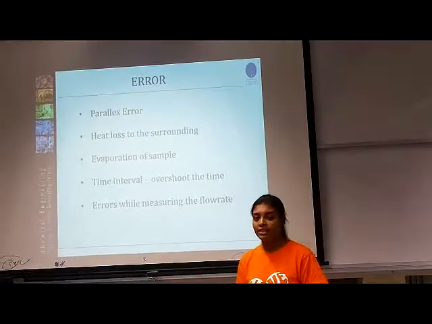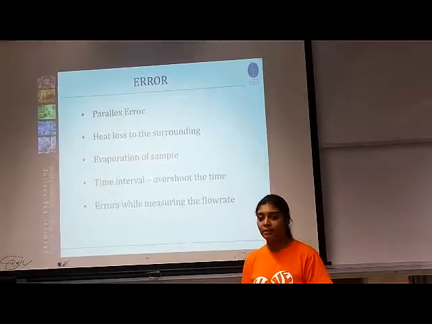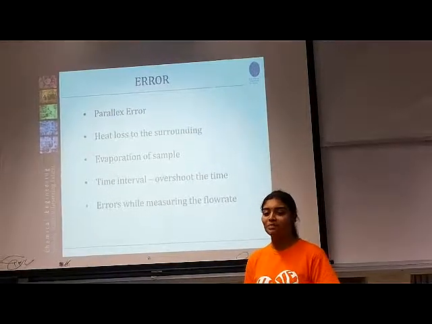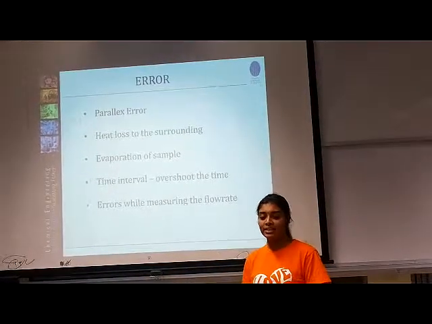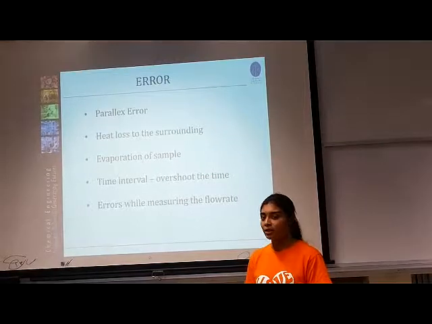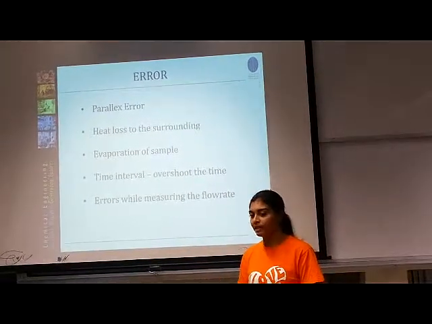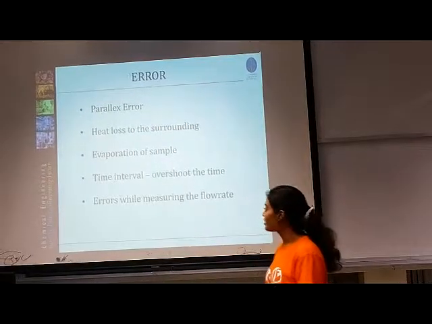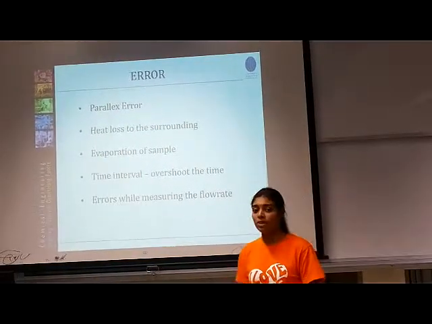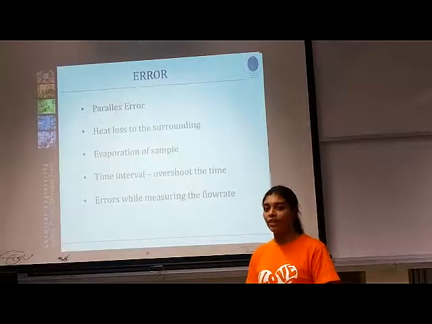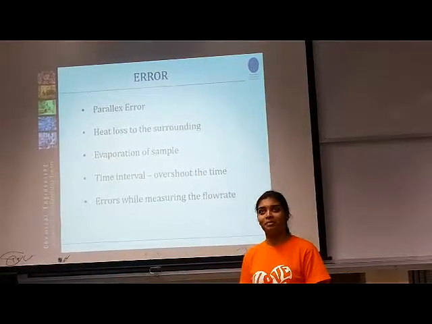When we wait for the 7 minute interval to collect the samples, sometimes we overshoot the time and it exceeds 7 minutes. This is because of delayed steps while waiting for the refractometer reading. Lastly, errors while measuring the flow rate. This is because we don't have a digital flow rate meter in the equipment.